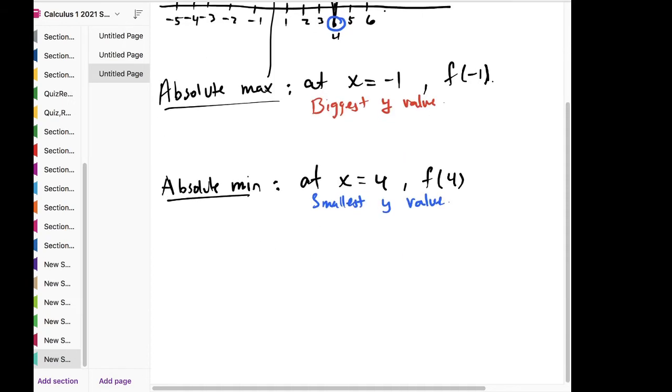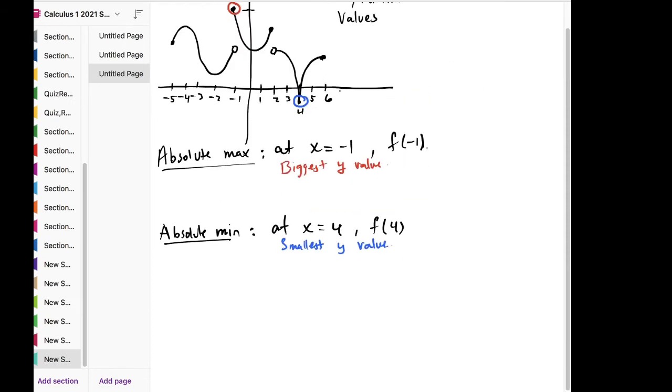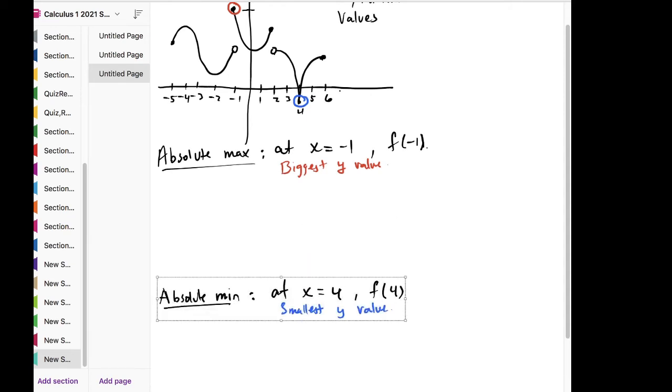So to give a proper math definition of absolute max and absolute min, this is what we'll say. For right now, this just looks like an unnecessary definition because it's so obvious what max means.